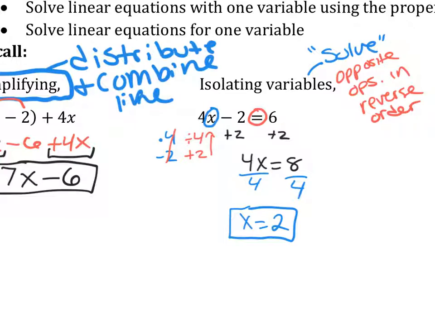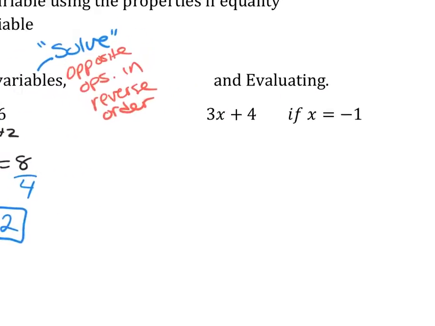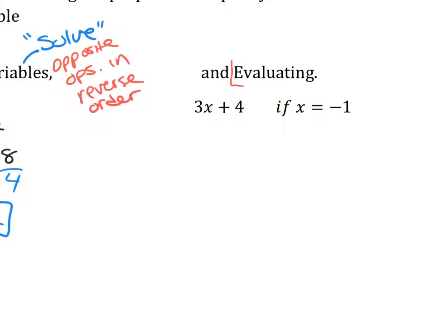Okay, and then the other thing you can do with equations or expressions is evaluate. This is where you are plugging a number in for x and then using the order of operations to evaluate.